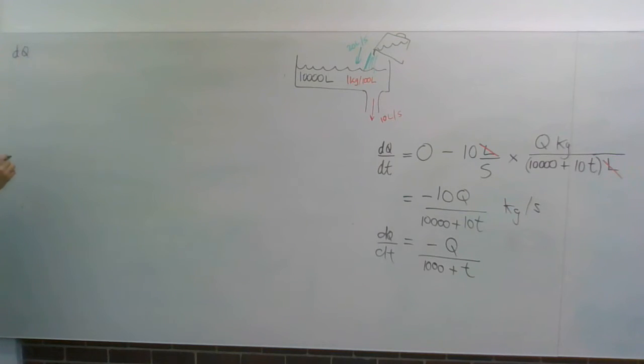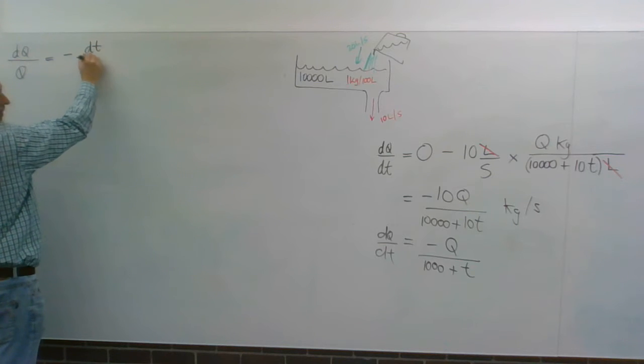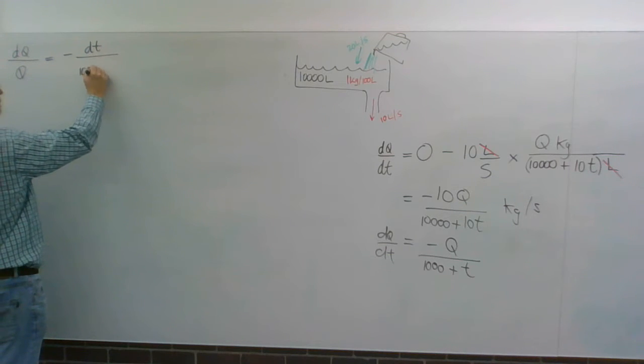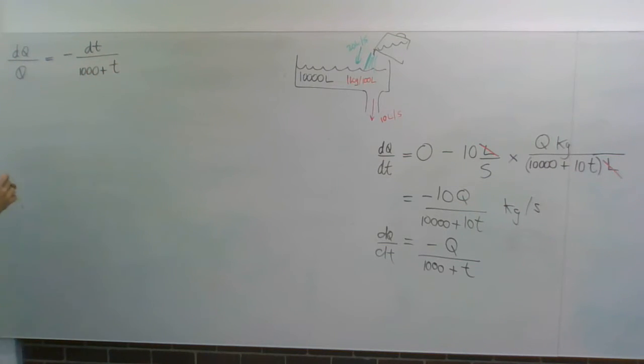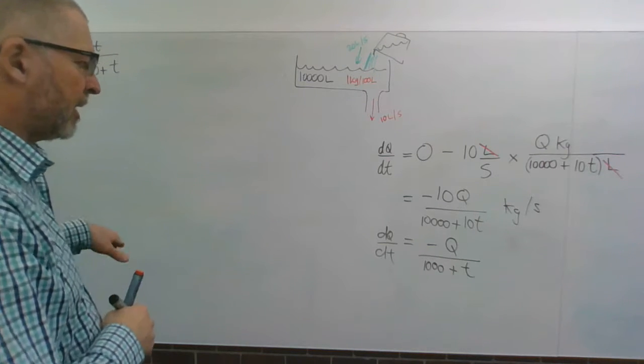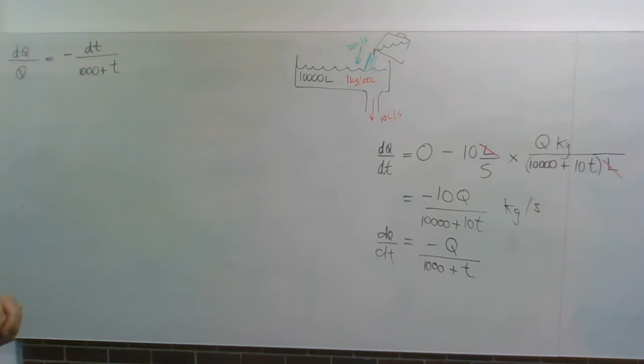Yes, yeah. dQ on Q equals minus dt on 1,000 plus t. So I've just separated out the variables, and now I'm going to integrate both sides.